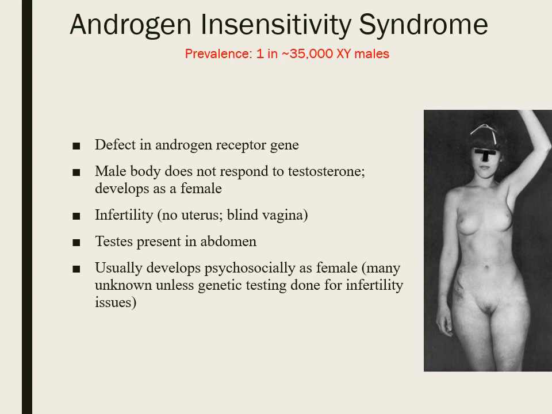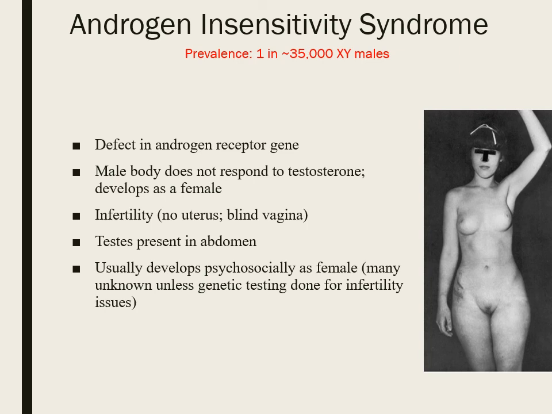The only time you might find out is if you realize you're infertile, you're trying to have children, and you go in for genetic testing and they see this defect in the androgen receptor gene. What that means is that the genetically male body is producing testosterone, but the body does not actually respond to the testosterone, and it doesn't signal the changes that testosterone normally signals.